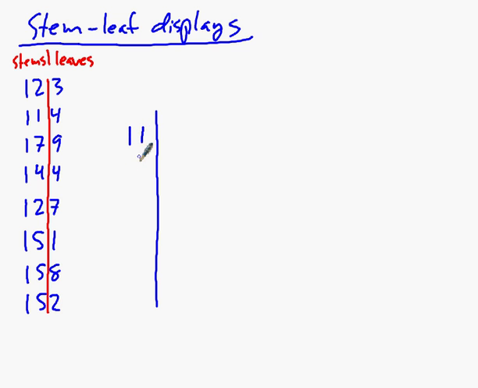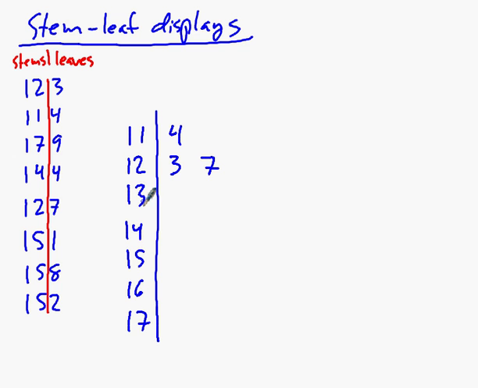So I'm going to go 11, 12, and then I'm going to look and say, well, how many 11s do we have? Well, it looks like there's only one, and the leaf is 4. Do we have any 12s? Yep, looks like we got 2 of them, one here and one here. We have 123 and 127, so we have kind of 2 leaves there.